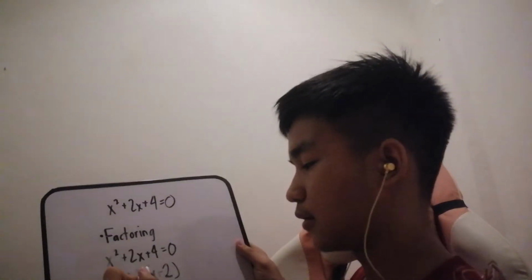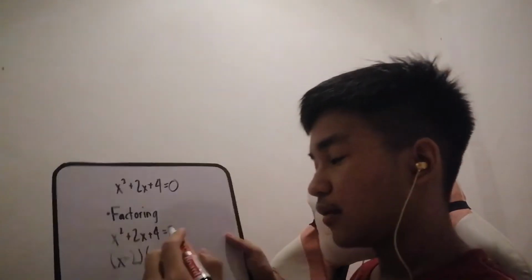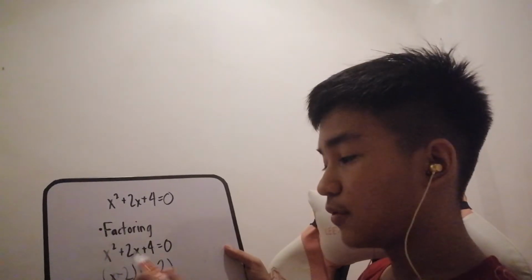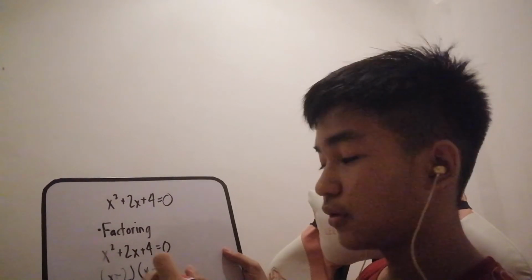There. And now, since we have two parentheses, we will split it again to get two solutions. So solution 1 is x plus 2, and solution 2 is x plus 2.